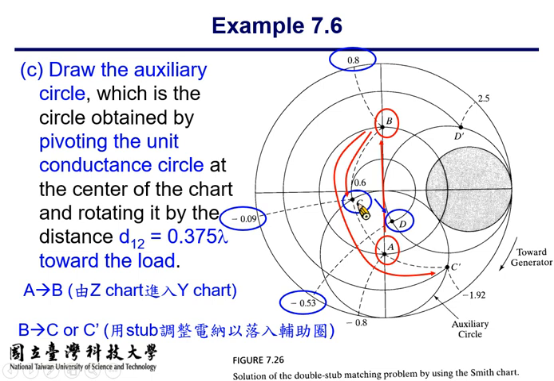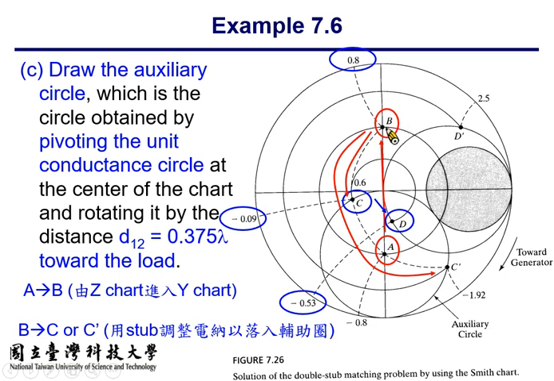What is the significance of the dashed line? This dashed line is the constant susceptance circle. I'm sorry, I misspoke, it is the constant conductance circle, and the conductance value is what? 0.6. So this circle, which is a full circle, equals a conductance of 0.6, and it comprises susceptance of different values.